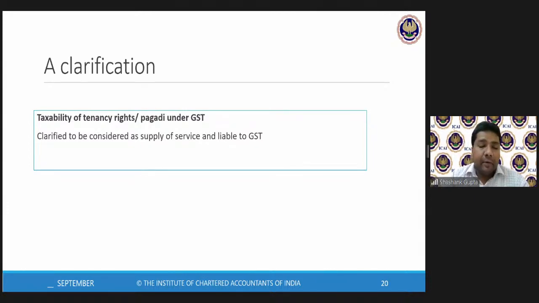And to give an example of this, you all would have heard about Delhi and the famous market of Delhi, that is Connaught Place or Connaught Circus, now known as Rajiv Gandhi Circle. In Connaught Place, the biggest of the showrooms are covered under Pagadi system, and you would be surprised to know that the nominal rent that they are paying is as low as 1 rupee or 2 rupees or 10 rupees.